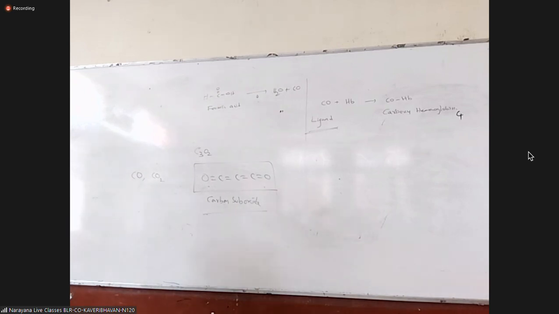Next, after this we have uses and reactions. Reaction with COCl2. What is COCl2 called? Phosgene. It is a poisonous gas.